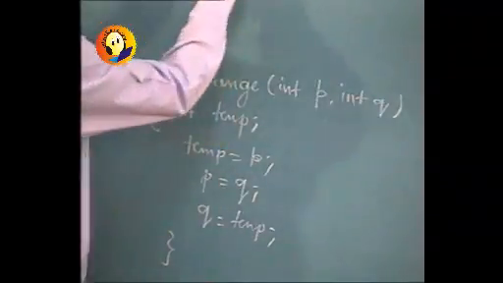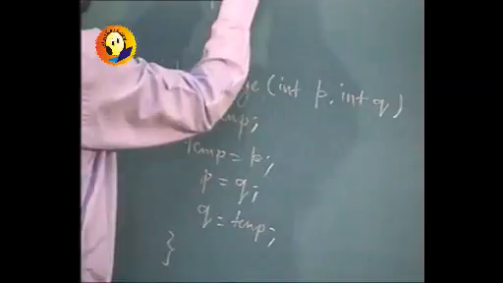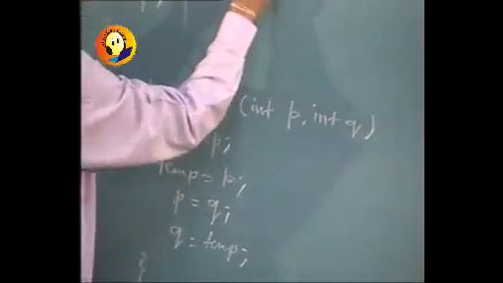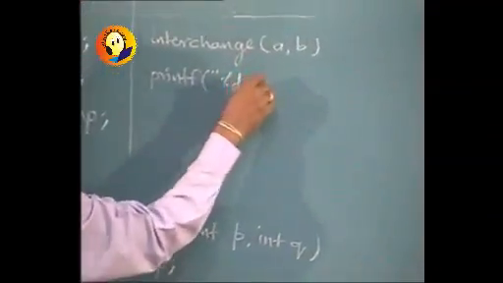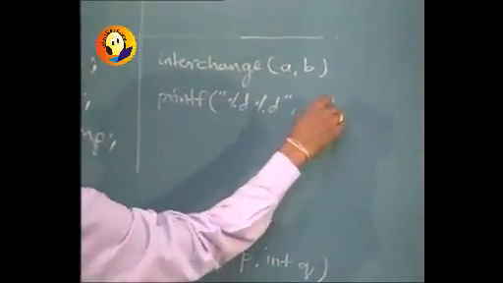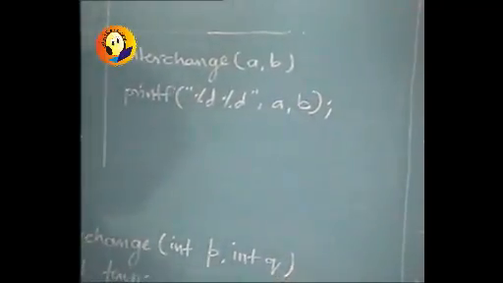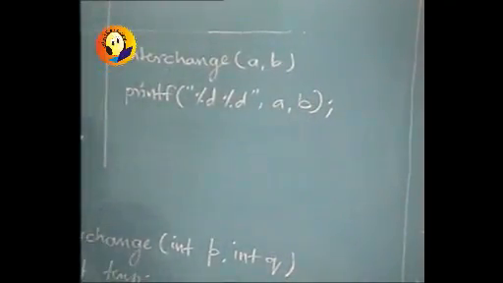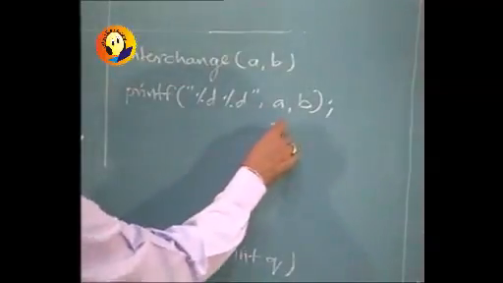And after this, if I print values of A and B, what will be the output? Output will be unfortunately again 7 and 4.